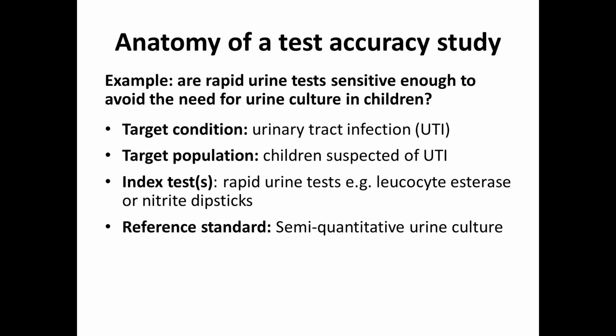And we introduced this idea that we have to have a reference standard. So we'll talk a little bit more about this in a second, but the reference standard is our test which best identifies whether people truly do or do not have the disease. In this case, the best test to assess urinary tract infection is regarded as a urine culture.